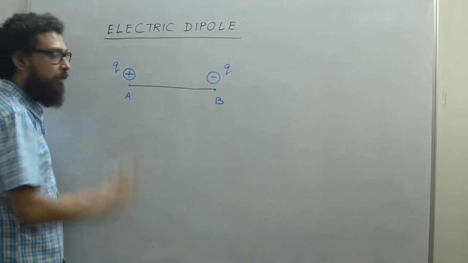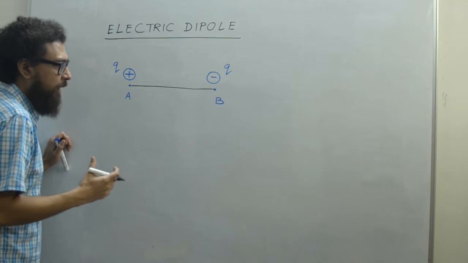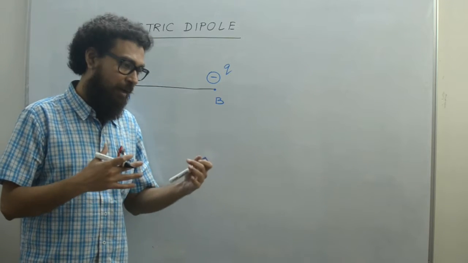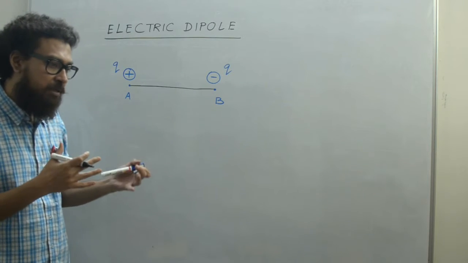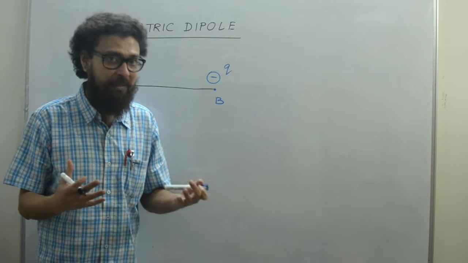Now how can we write a dipole through mathematics? Mathematics always tries to simplify things. It doesn't make anything complex.